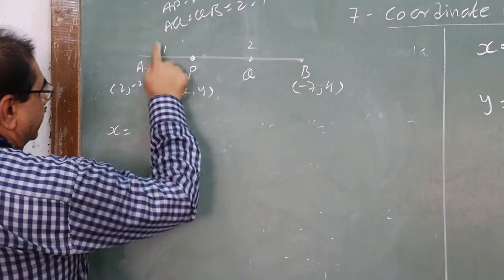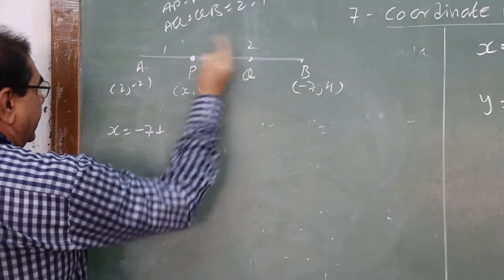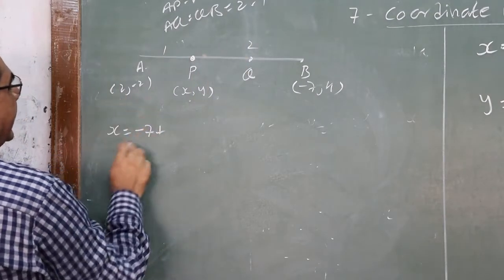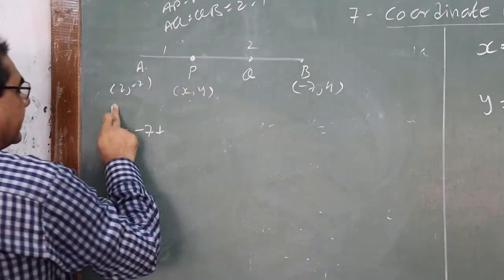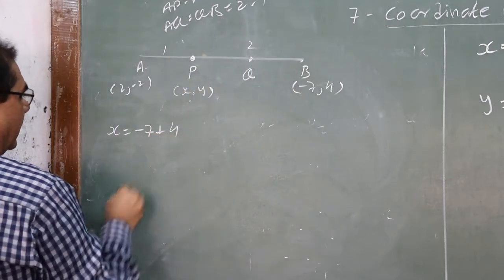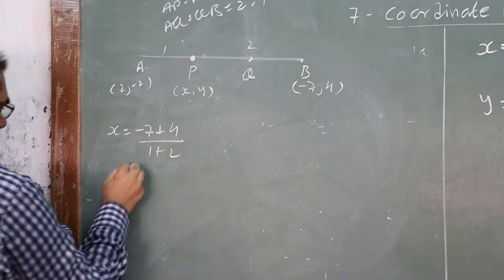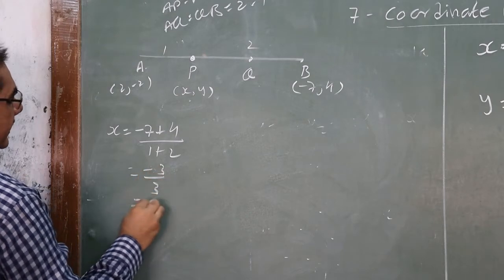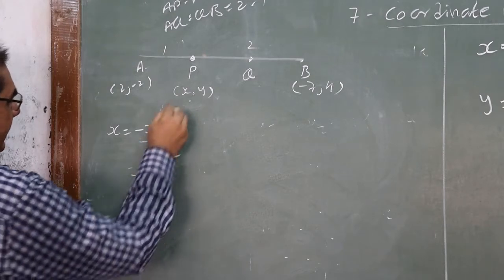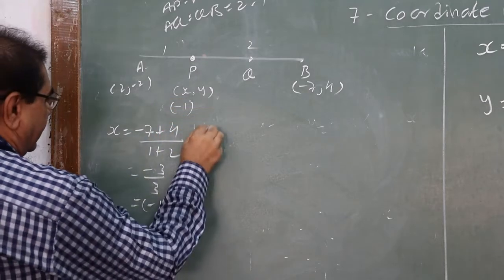mx1, so it is minus 7 plus mx2, it is minus 7 plus nx1, it is 2 2s are 4, whole upon m plus n, 1 plus 2. So is equal to minus 3 upon 3, it is equal to minus 1. Okay. Similarly, go for y.